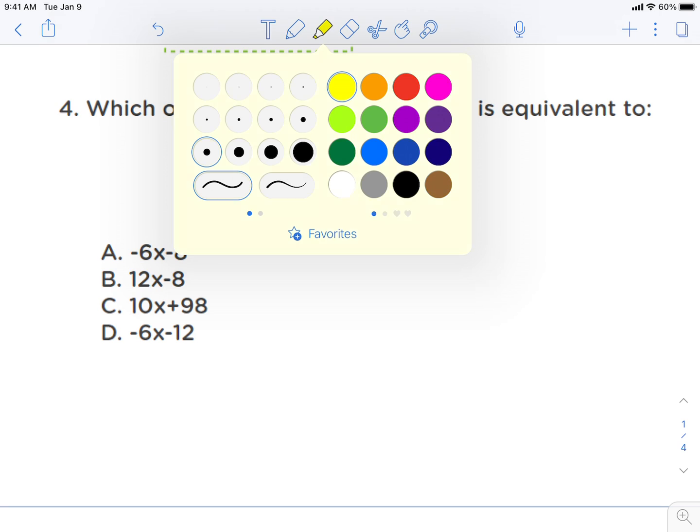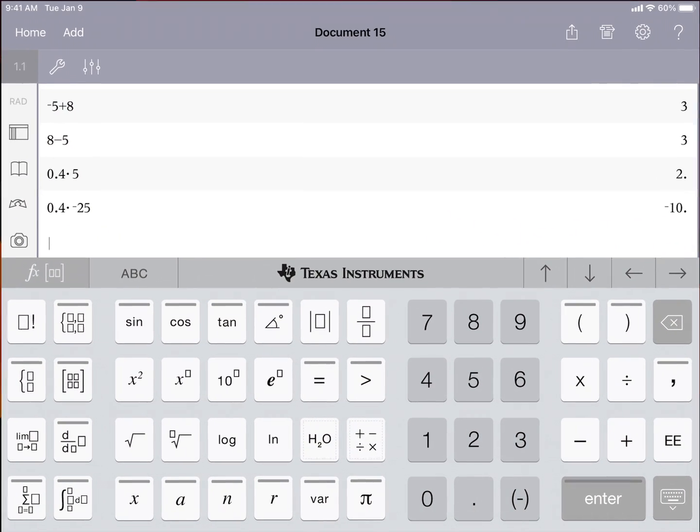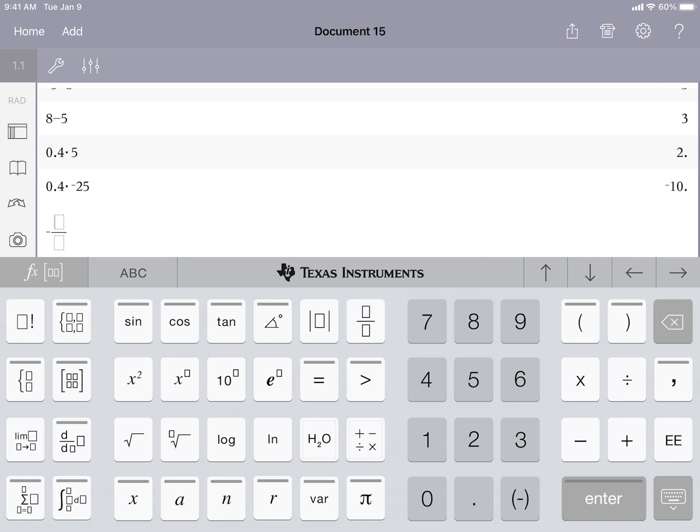Next, we're going to distribute this negative 1/2 to the stuff in the parentheses. So I have a negative 1/2 times 16x. We go to our calculator, negative 1/2 times 16.